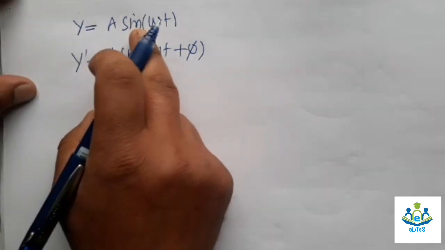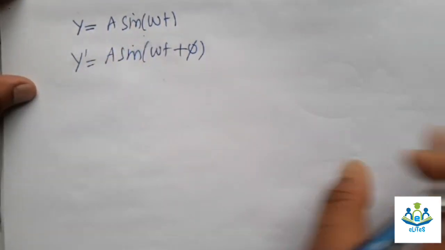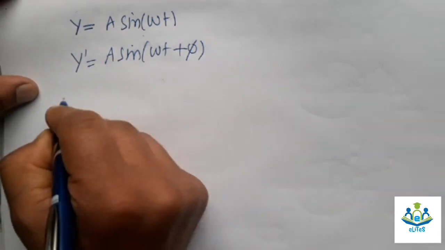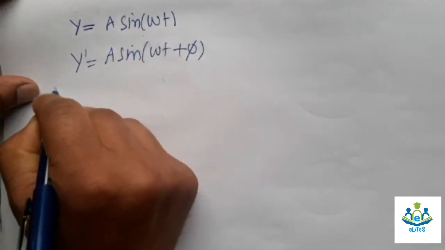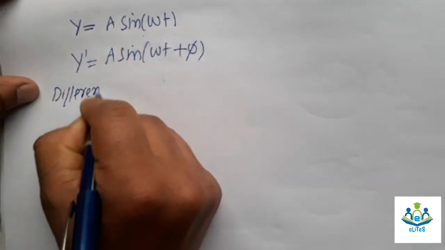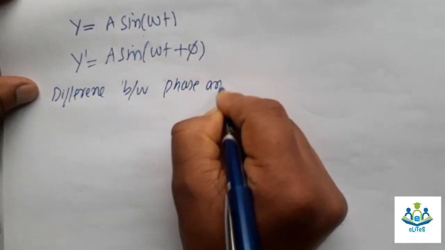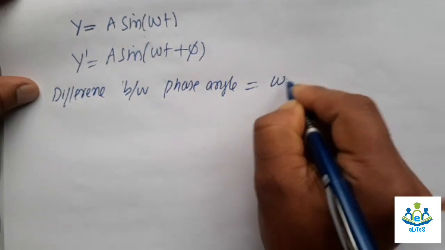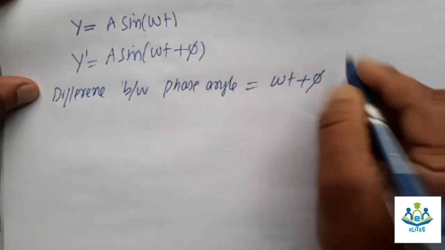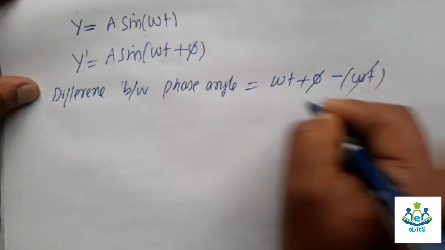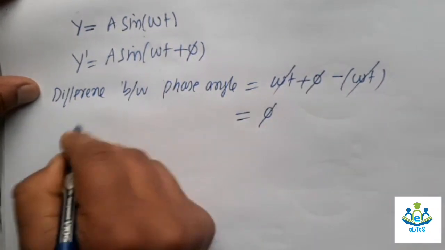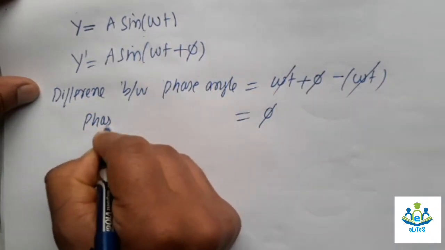The phase of the first particle is omega t and the phase of the second particle is omega t plus phi. So the difference between phase angles is omega t plus phi minus omega t, that is phi. This is known as the phase difference.